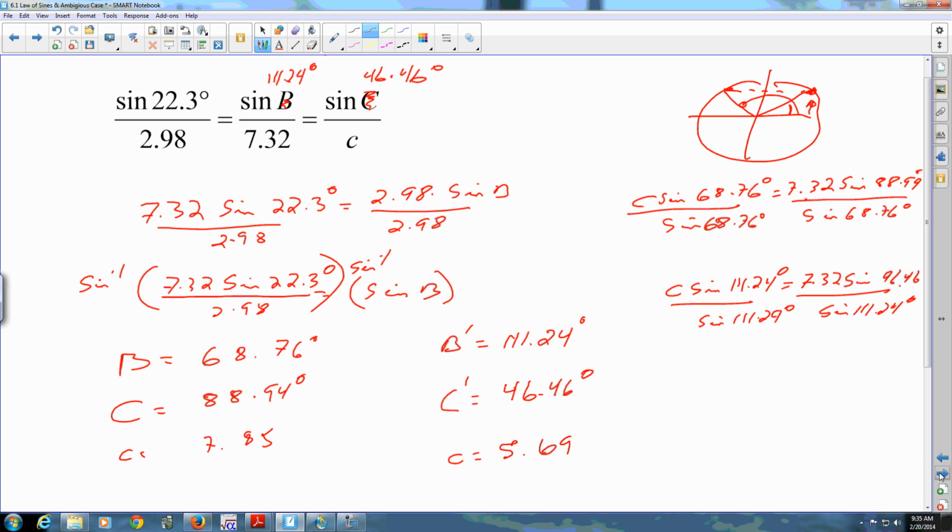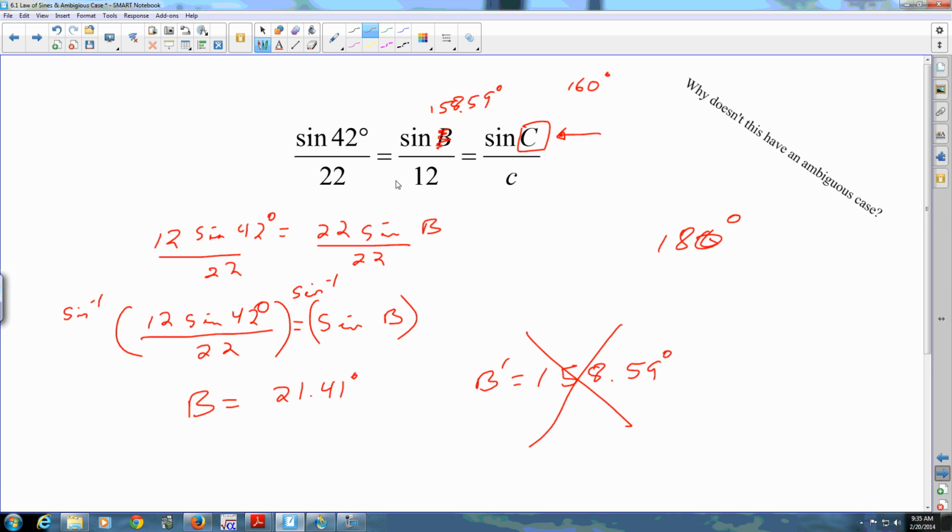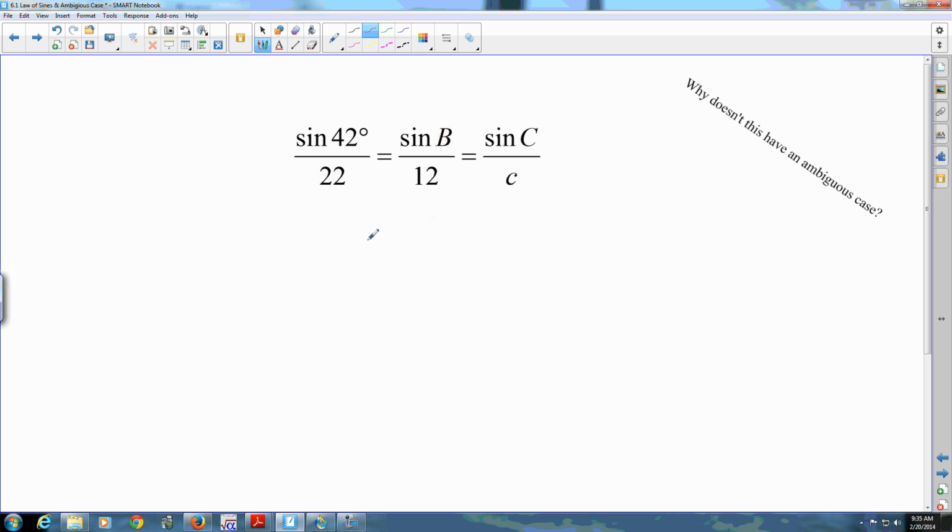And I'll return to how I knew I was going to have an ambiguous case. So let's go look at one where there isn't an ambiguous case. Setting this up, you're going to find angle B just like you have been. So 12 sine 42 is equal to 22 sine B. I need to solve for B, so I'm going to divide by 22.